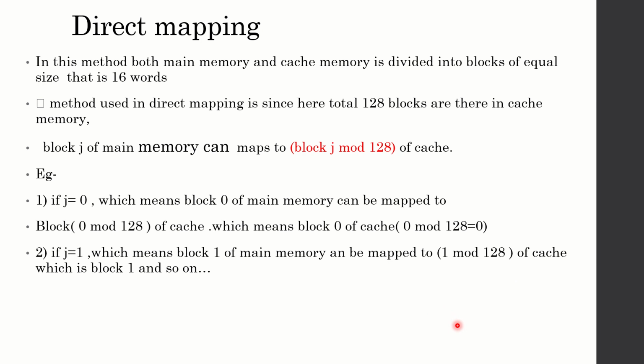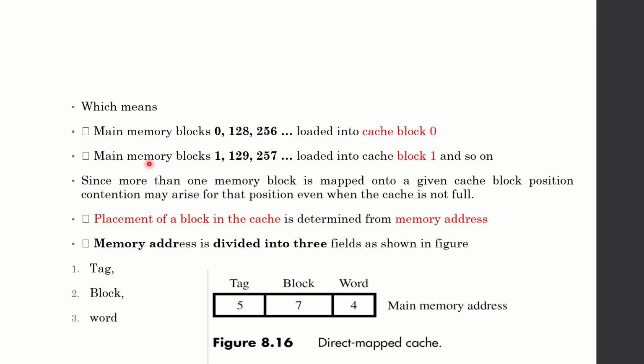If we continue this process, we can see that the main memory blocks numbered 0, 128, 256, etc. will be loaded at cache block 0. That means 0 mod 128 gives 0, 128 mod 128 gives 0, 256 mod 128 gives 0.